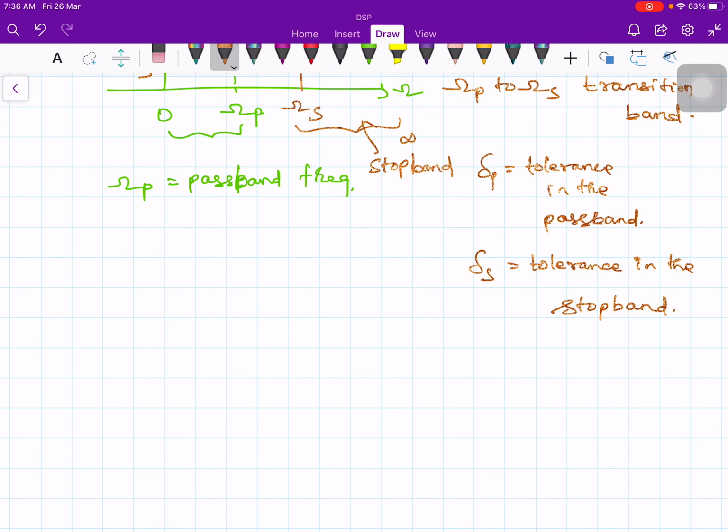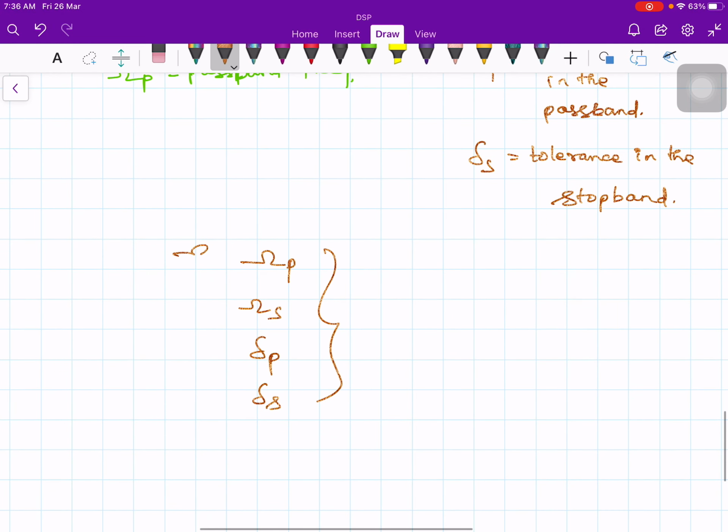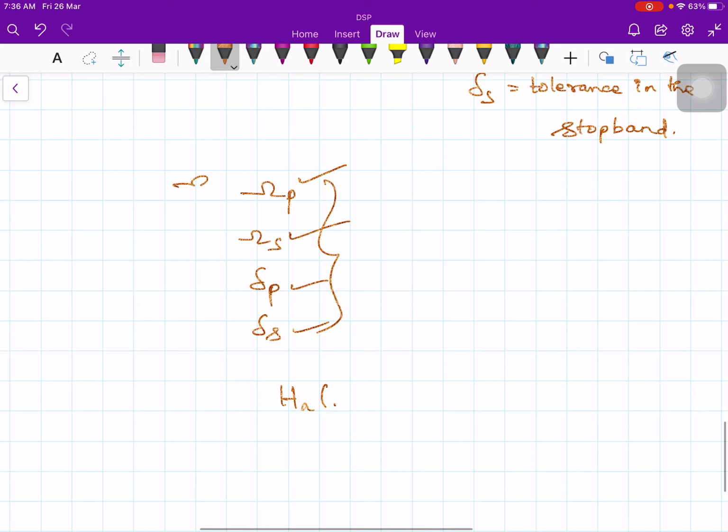So these are the specifications. You will be given the pass band frequency omega p, the stop band frequency omega s, delta p and delta s. These 4 values will be given. From these 4 specifications, you will have to determine an H_a(s) which satisfies them.